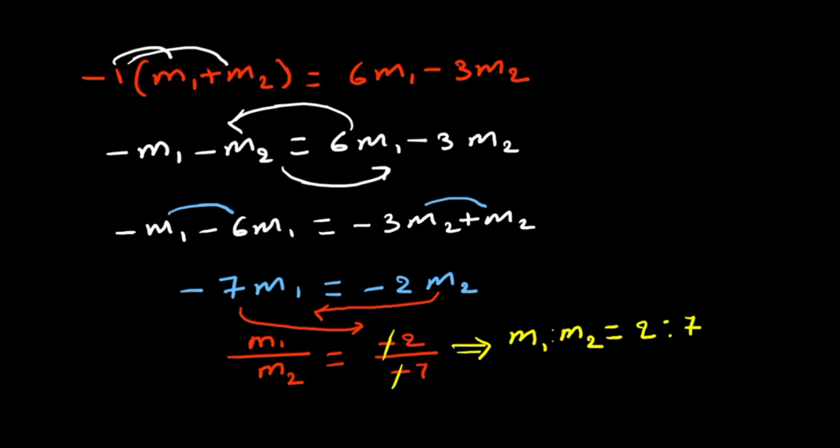So the given points are divided in the ratio 2:7. It's a most important problem for essay type questions.